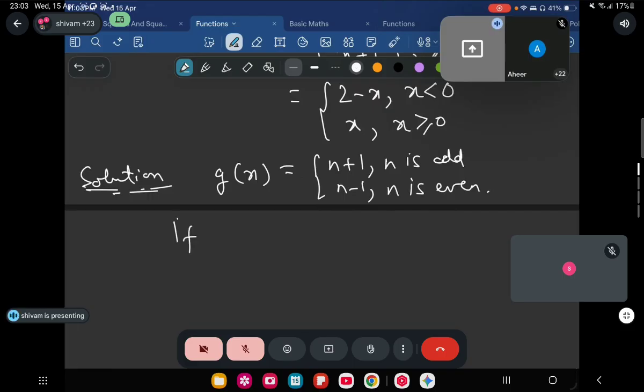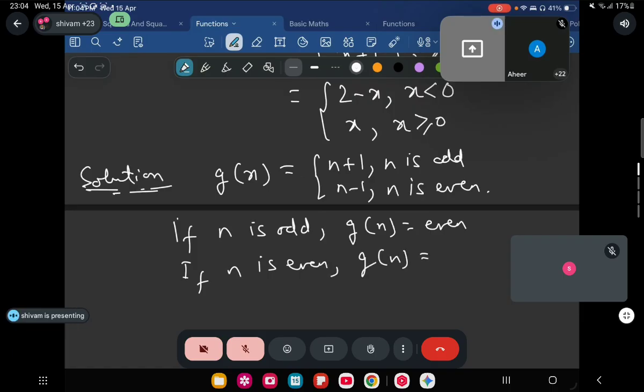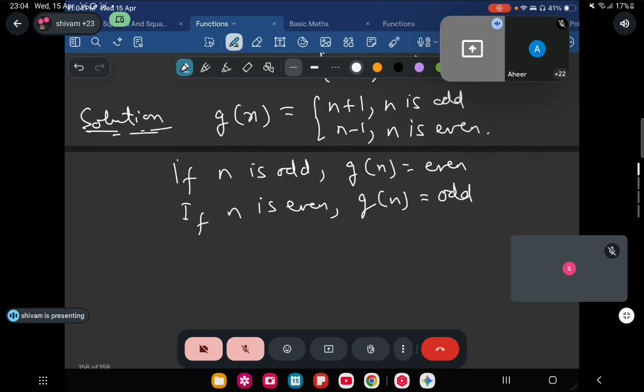So if n is odd, g of n will be even. Can you people understand? And if n is even, g of n is odd. Remember. So f of g of n will be equal to f of n plus 1 if n is odd.